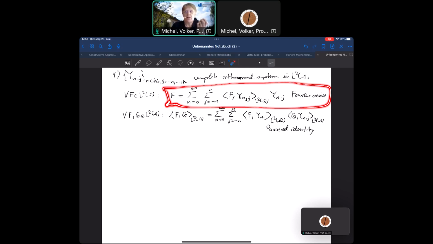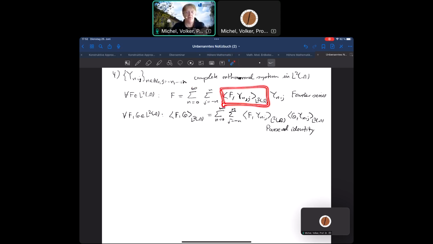And for example, a lot of data in earth sciences are made available on the internet in databases by just giving you these coefficients. So there's a particular system of Y and j, I will soon talk about that.